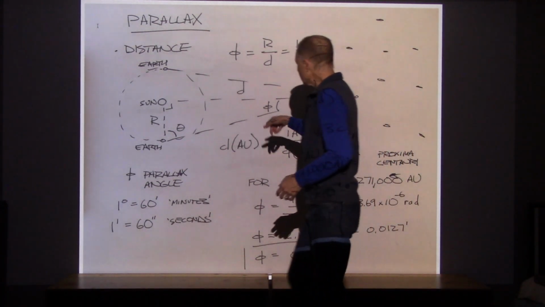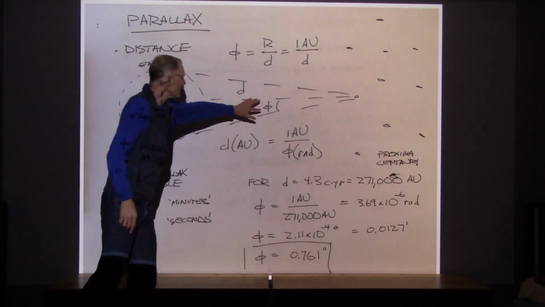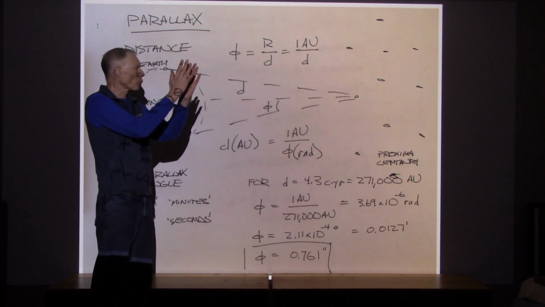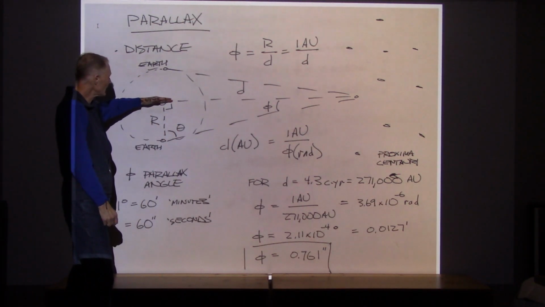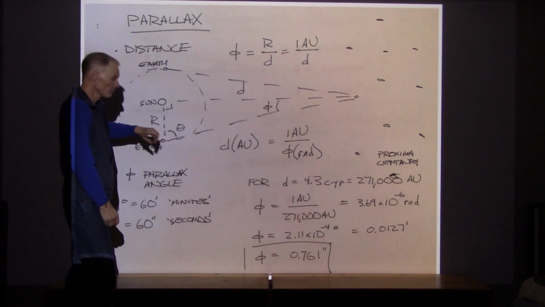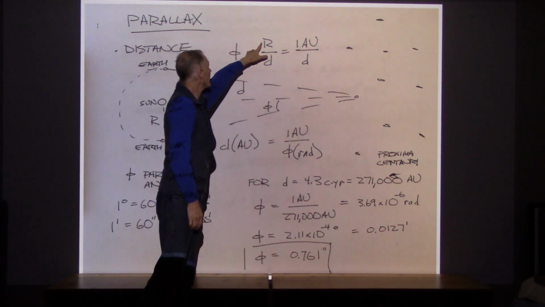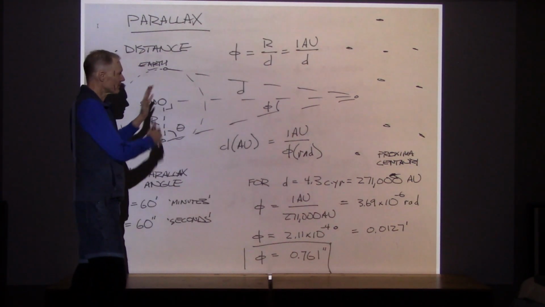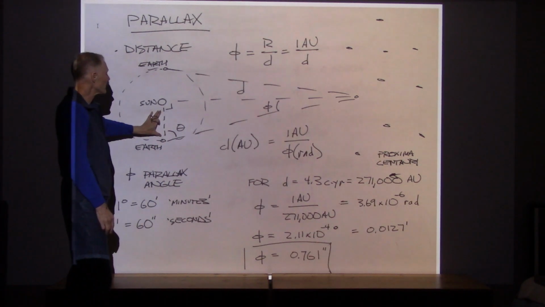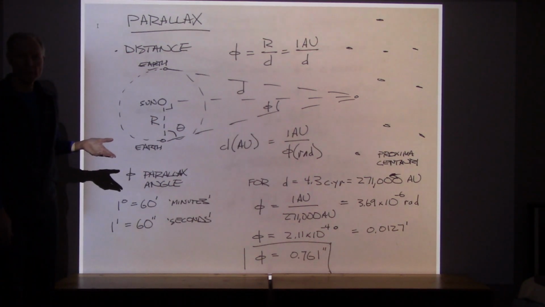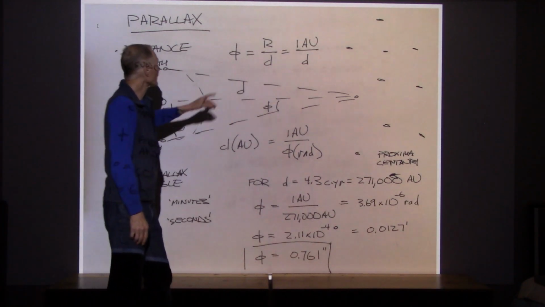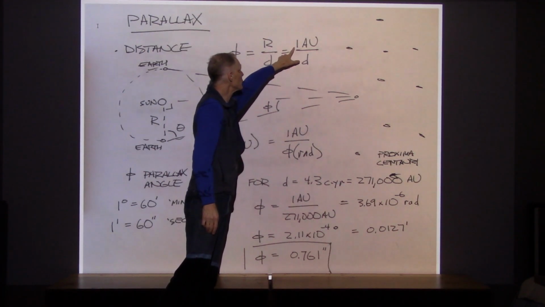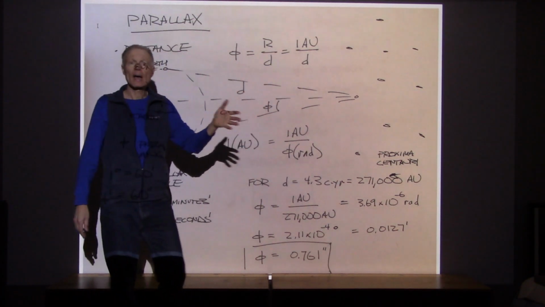And what this triangle is telling us is that the parallax angle that we have, the amount that that star angularly shifts back and forth in our view from one instant in its orbit to 3 months later, is going to be equal to this distance here divided by the distance out to the star. Now, the distance here is 1 astronomical unit. It's the radius of Earth's orbit. And so what we can do is say that the angle of parallax will be equal to 1 AU divided by the distance out to that star.